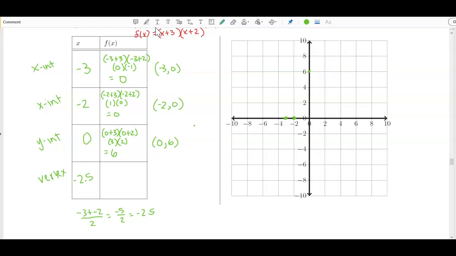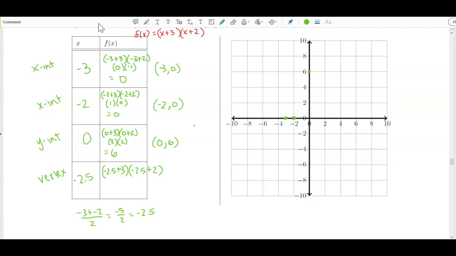Okay, but let's figure out where that vertex is. Remember, I know it's going to be halfway in between my two x-intercepts. So if I put the -2.5 in place of my x, I get -2.5 plus 3, and then in my other parenthesis, -2.5 plus 2.